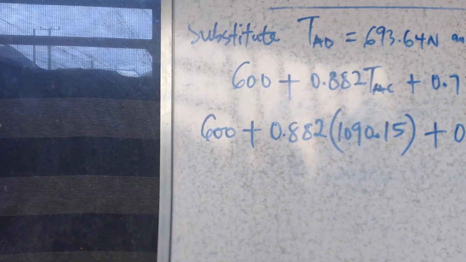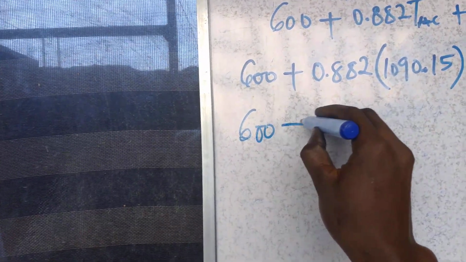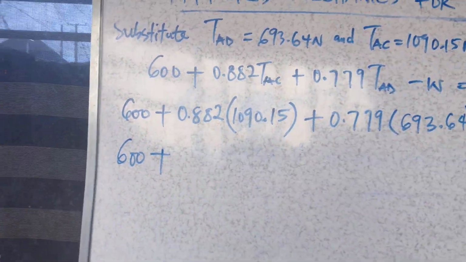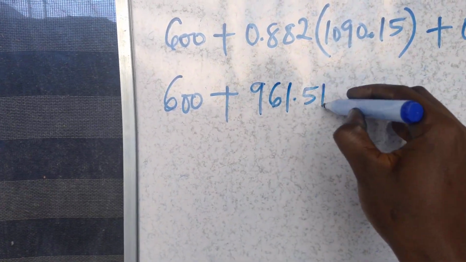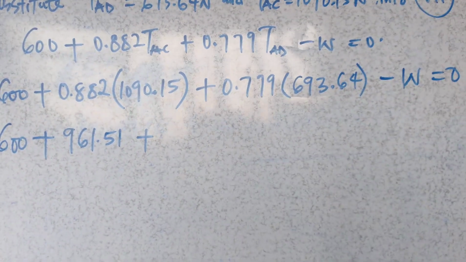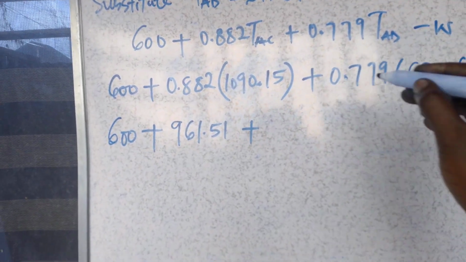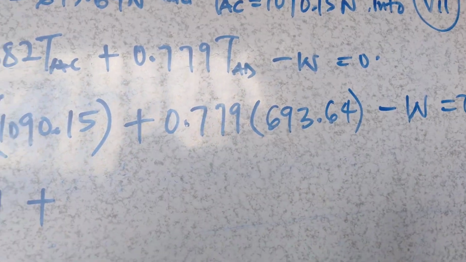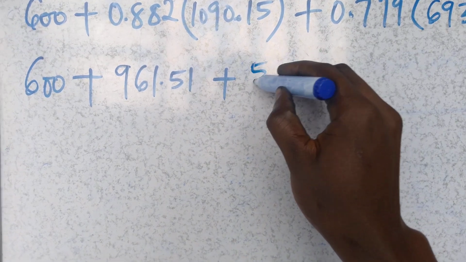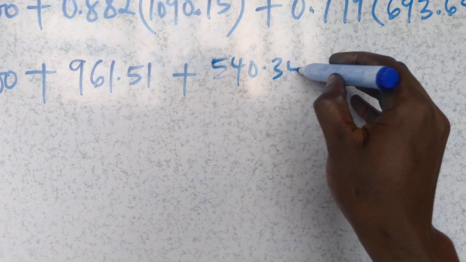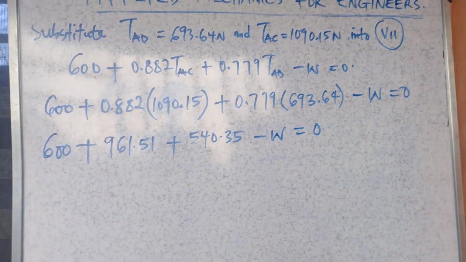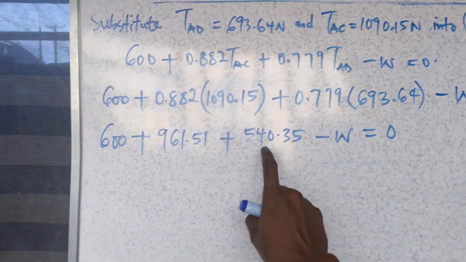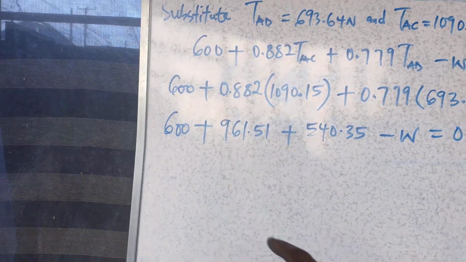Now if I multiply this, this will give me 600 plus 961.51, plus, if I multiply this other one, 540.35, minus W equals 0. That's when I multiply this by this, I have this, and this times this, I have this one.